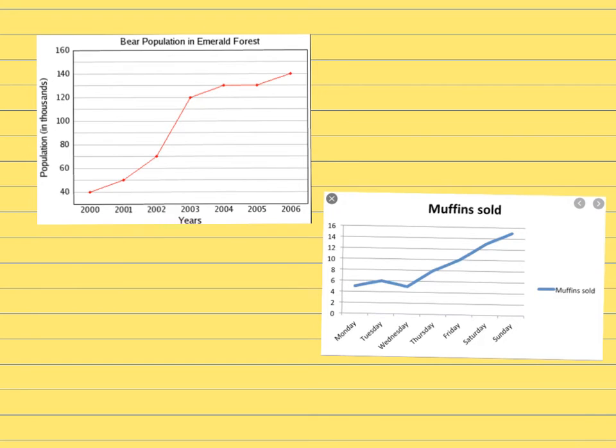Okay, so the last one is the line graph. And we are going to use them a lot, especially in the chemistry class, because in chemistry we want to know with precision and accuracy what is happening when the independent variable has certain values.